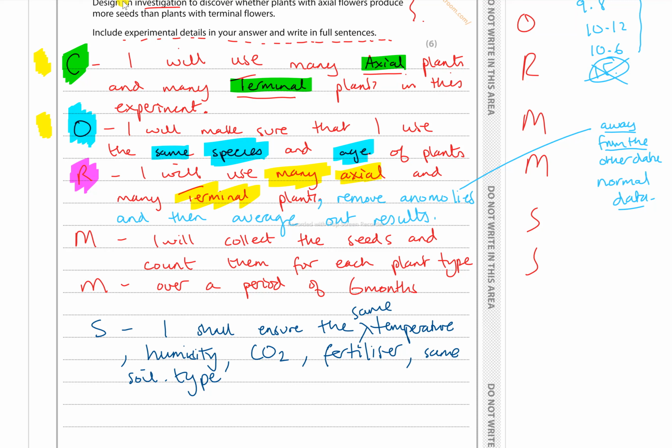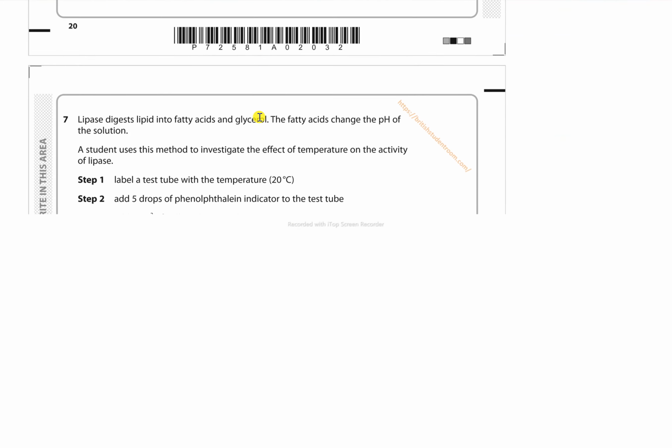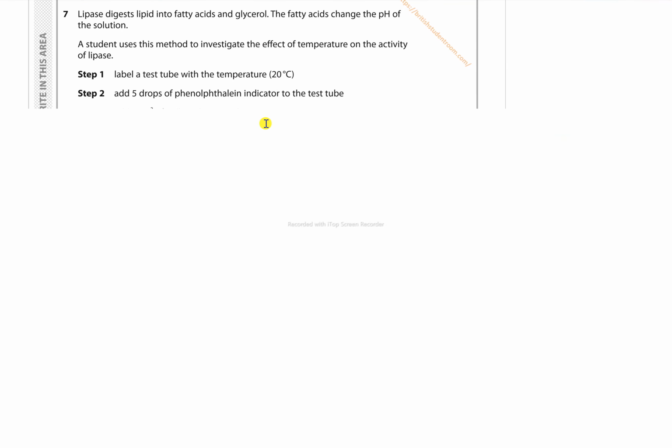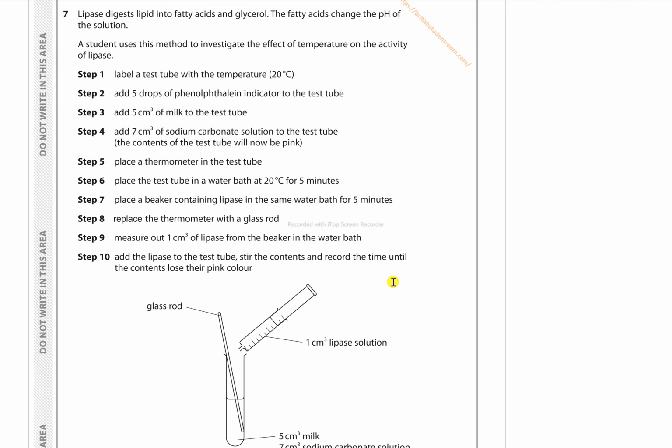So this is what your control is, in terms of what you're going to keep the same, it's independent, and then these are your dependent variables, the ones that you're going to measure, and these are your control variables. But do it in that order and you can't go wrong. You'll pick up most of the marks. Right, okay, we can call it quits at that. So question 5 and 6. Well done.